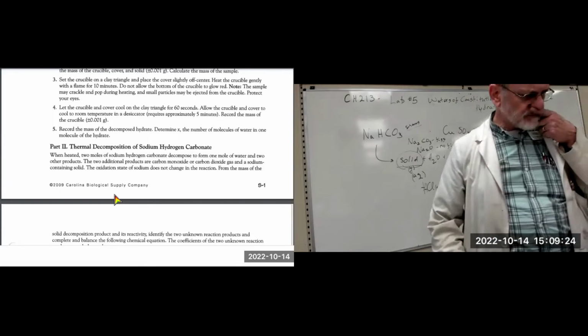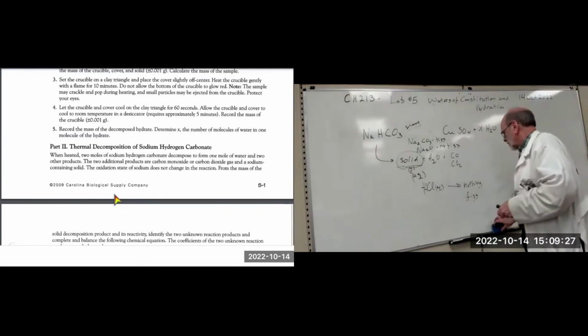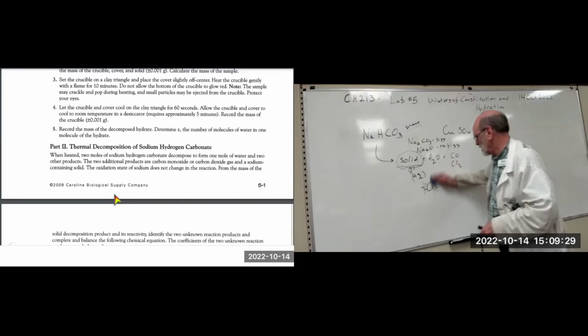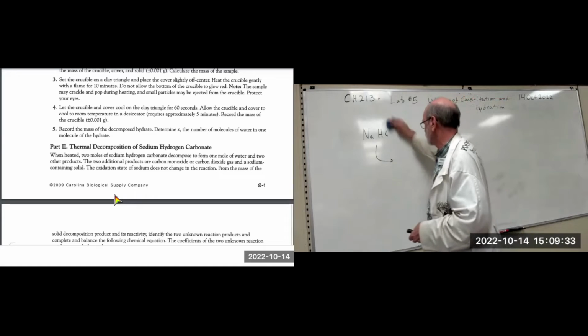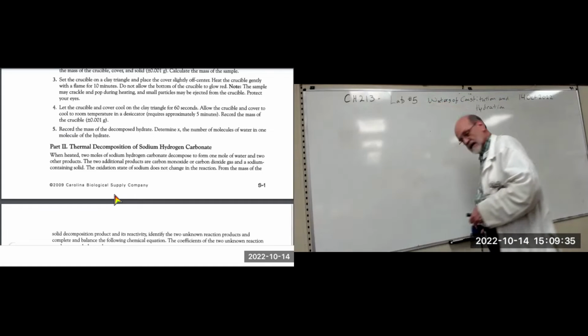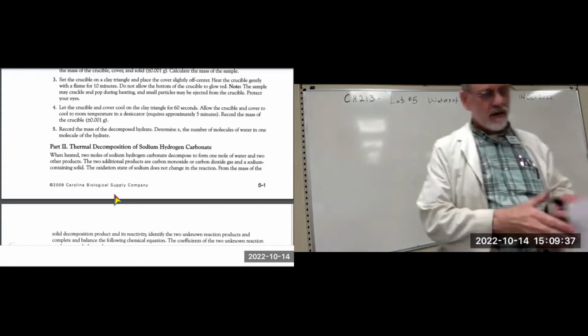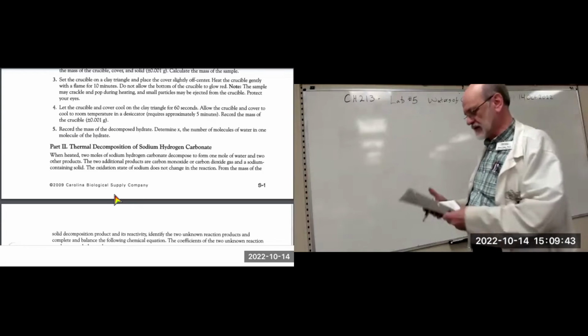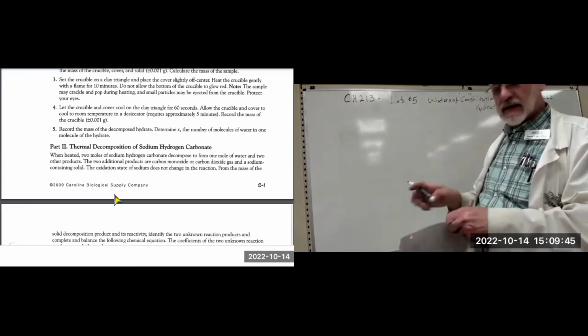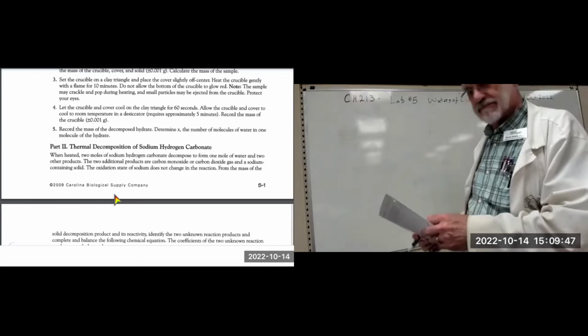Okay. Now let's do a little calculation using copper sulfate. That's the pre-lab question on the first page, right there. All right, that pre-lab question says, well, actually, it's not copper sulfate, it's gypsum.